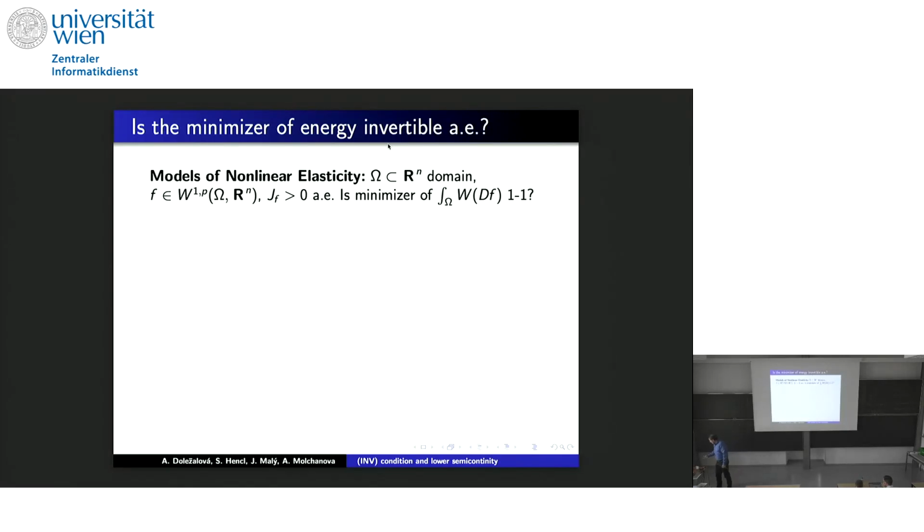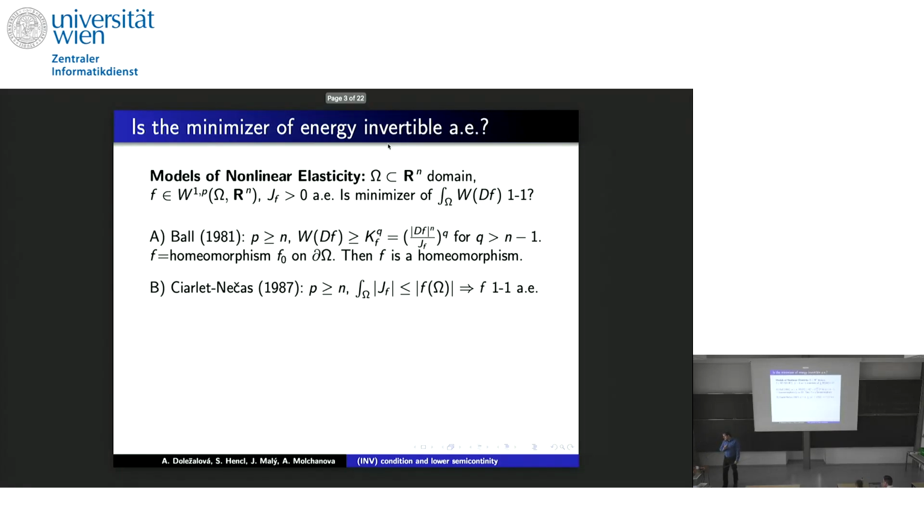So what are the natural approaches used? Very often used is the approach of John and Ball, which works in W^{1,p} with p bigger or equal than the dimension, if the energy contains terms like a ratio of the derivative and the Jacobian to some power, and if your mapping is a homeomorphism on the boundary.